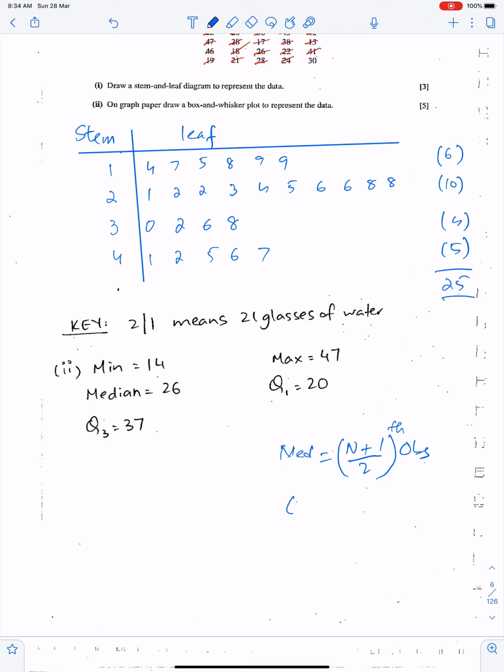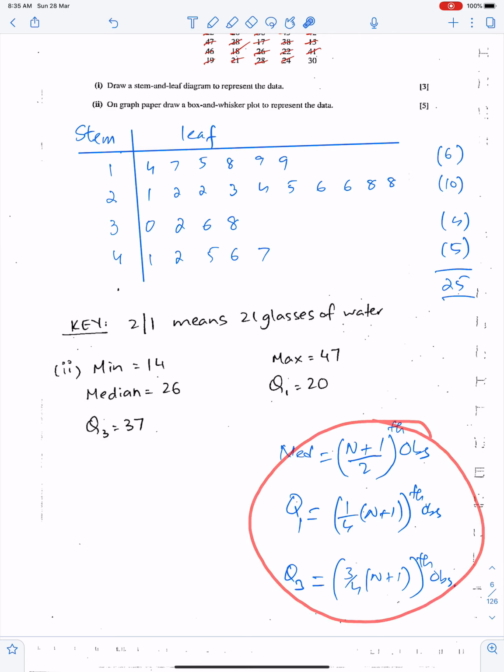Q1: since n is odd, the formula of Q1 is 1 upon 4 (n plus 1)th observation. Q3, the formula is 3 upon 4 (n plus 1)th observation. So basically we use these formulas here.